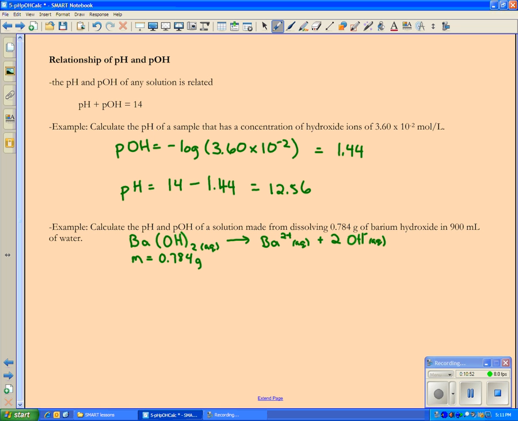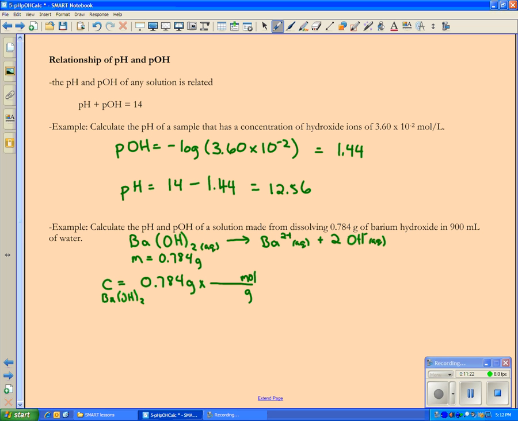From that mass, we're going to have to do a few calculations to get to the concentration of the hydroxide ions, and from there we can find pOH and pH. So first we want to calculate the concentration of the barium hydroxide compound. From the 0.784 grams, we are going to need the molar mass so that we end up with moles.